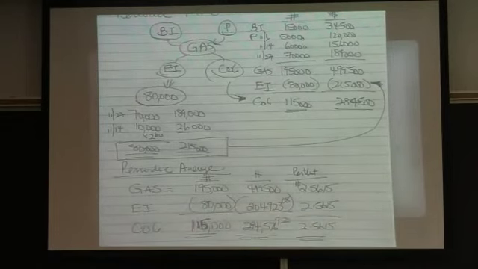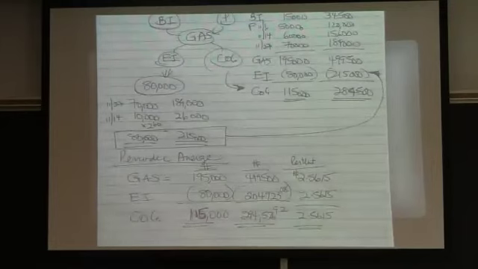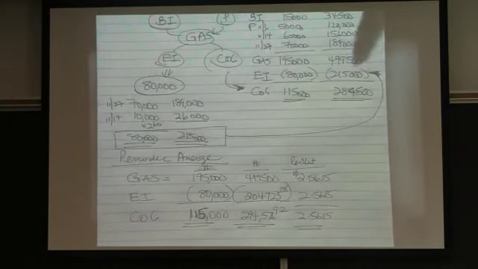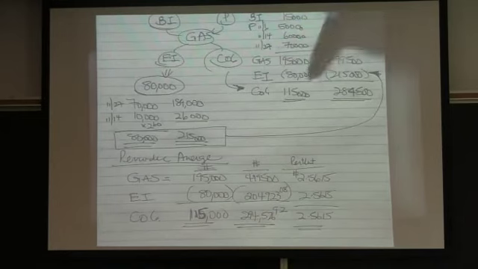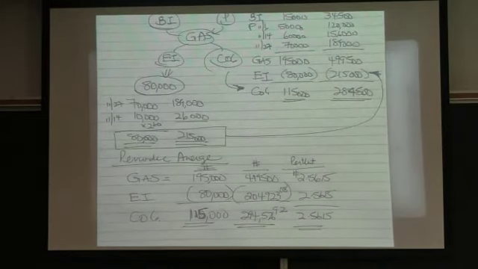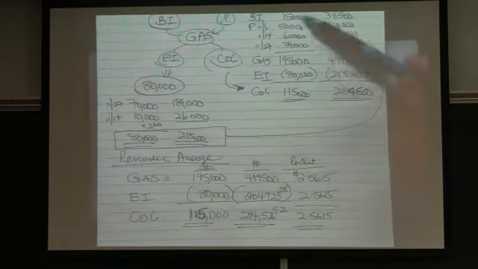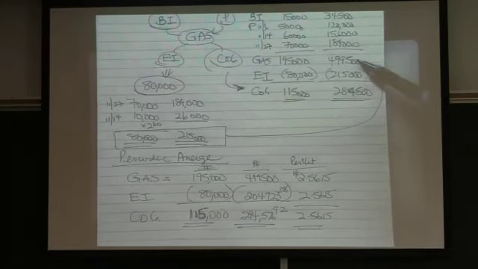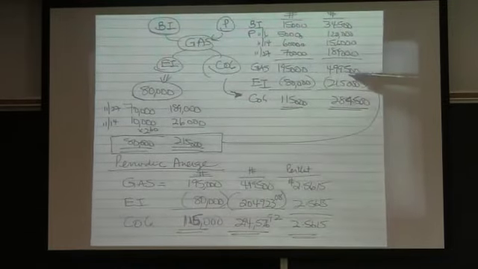So the easy part about the periodic inventory system is the concept of having to calculate goods available for sale. We know goods available for sale is 195,000 units, which came about from the beginning plus all three purchases, and the total cost of those goods available for sale is $499,500.